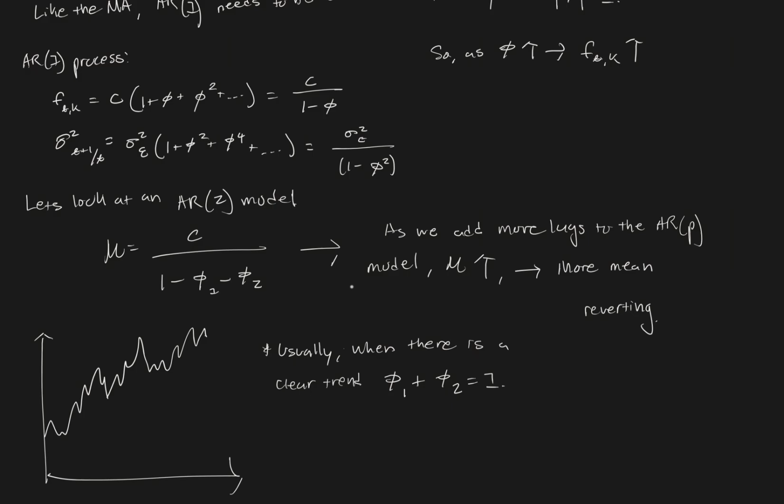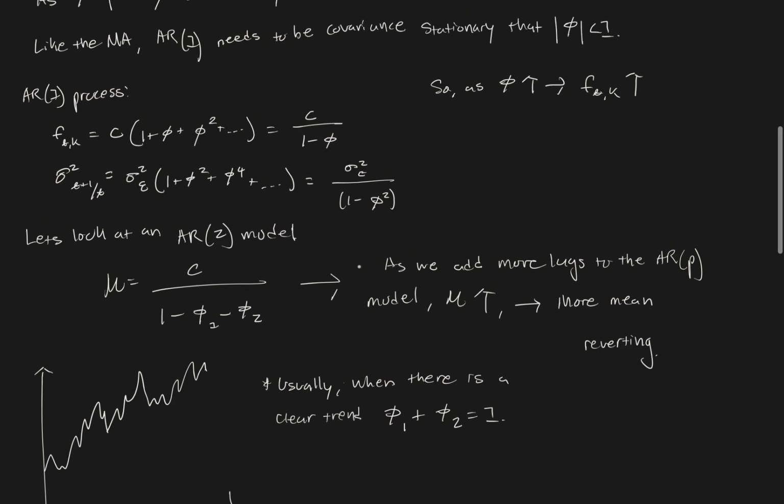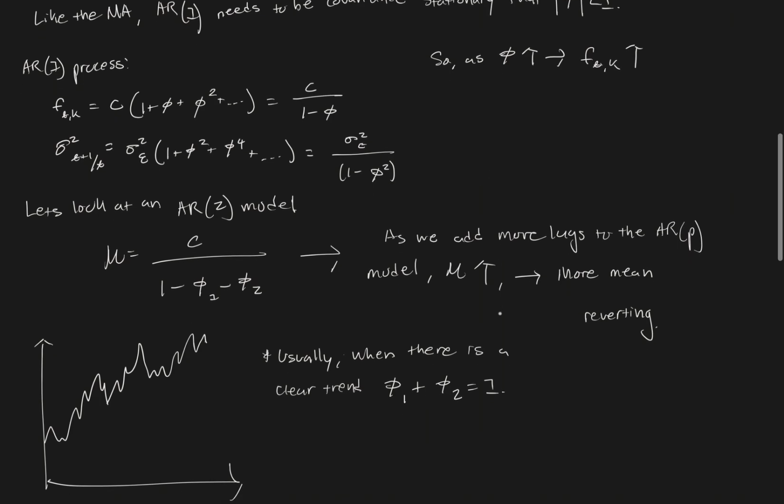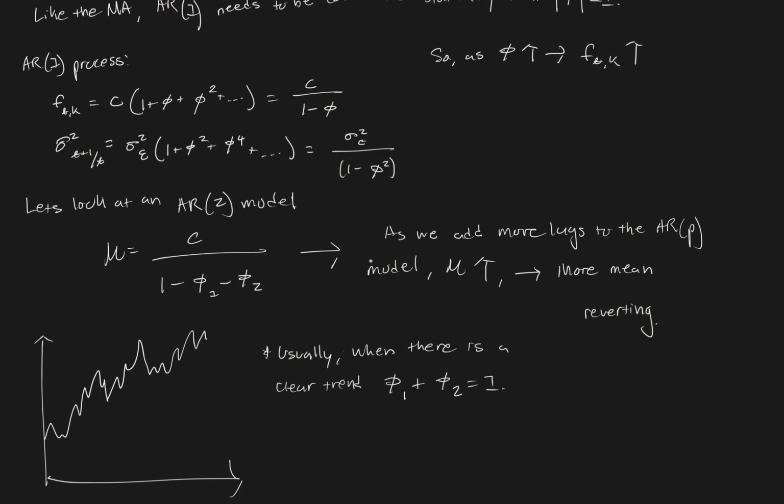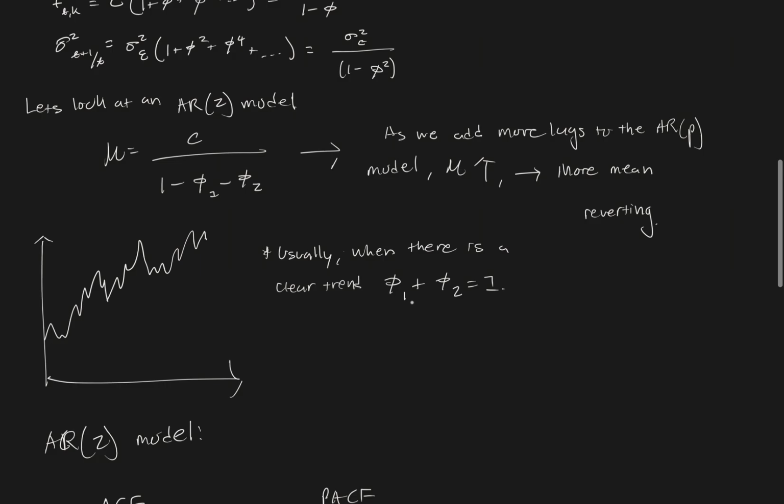And when we add more lags, it means it's more mean reverting, because remember that when we have an order of 1, that's when we have the highest coefficient, highest autocorrelation. That's when the data will be the most clearly trending. But as we add more lag values, that's when we have more mean reverting and less correlated plots.